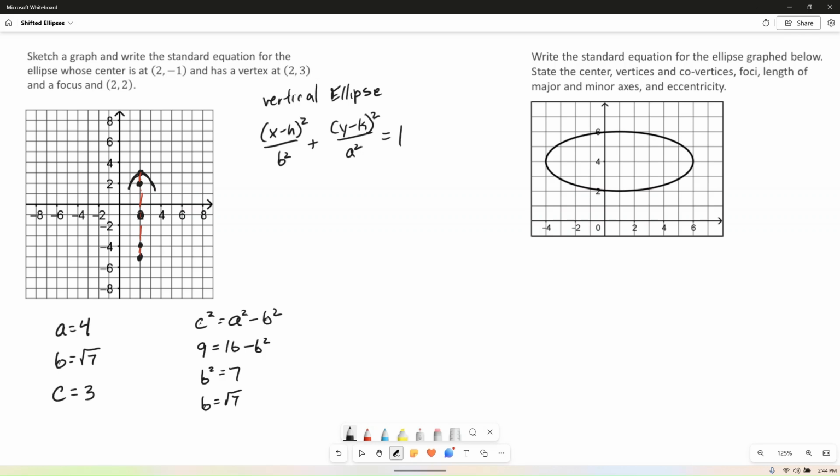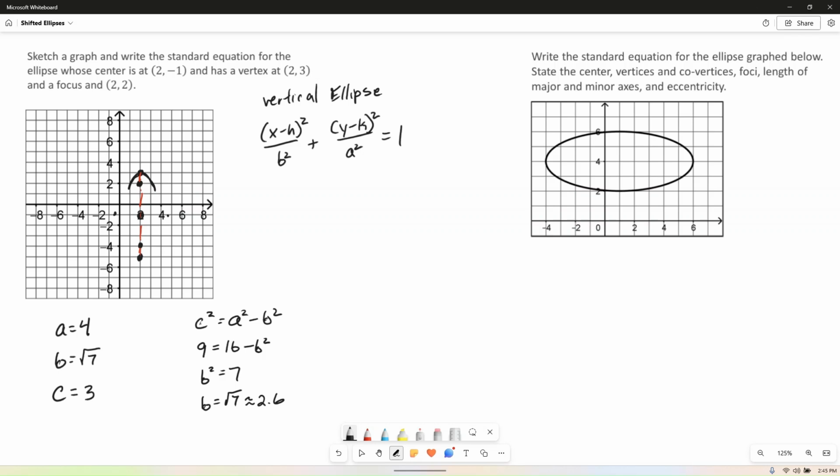Now just to give us a little bit of context, the square root of 7 is roughly 2.6. So that's going to tell me how wide our ellipse is going to be. It has to travel from the center about 2.6 units to the left and the right.